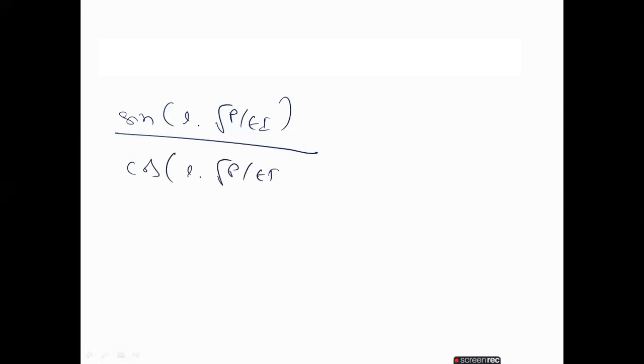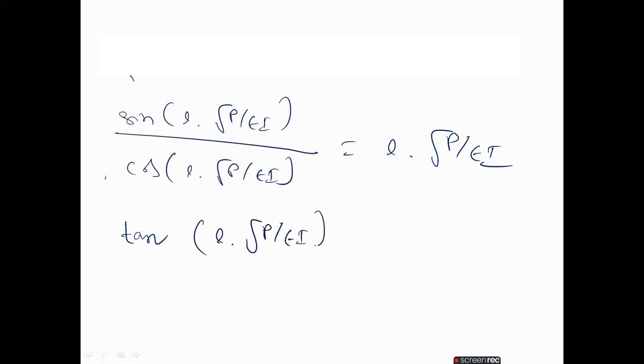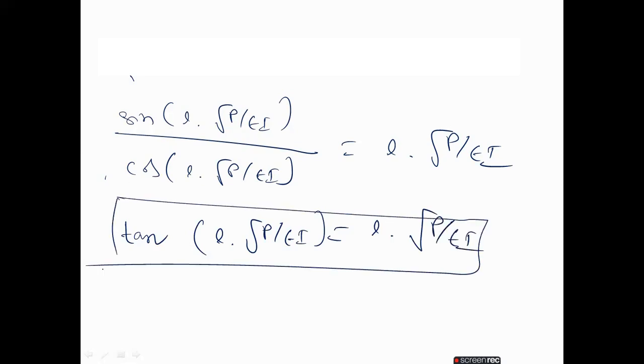So I will write again: sin(L√(P/EI)) by cos(L√(P/EI)) equal to L√(P/EI). Then sine by cos equal to nothing but tan(L√(P/EI)), that is nothing but L√(P/EI). This is what we got finally.